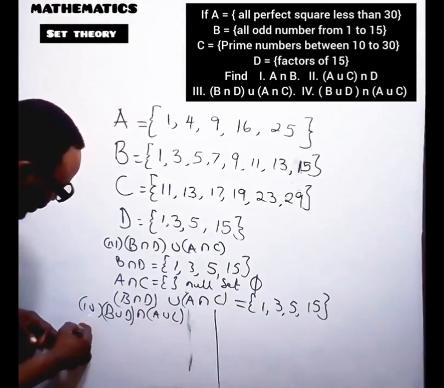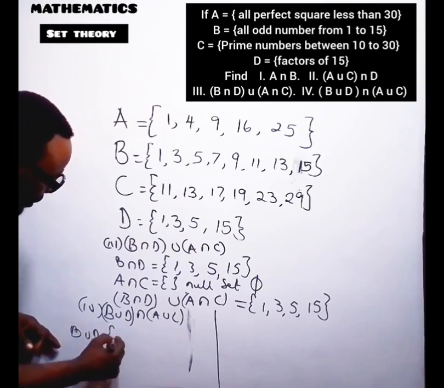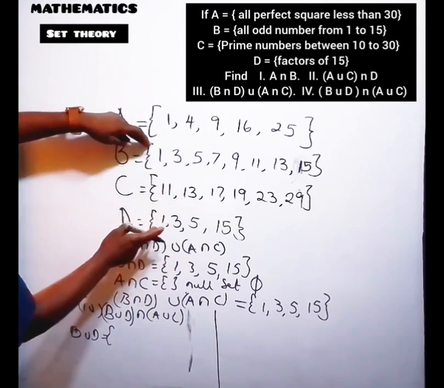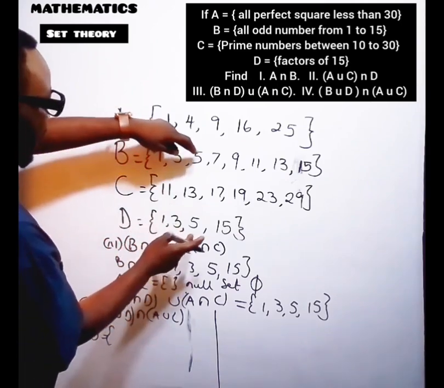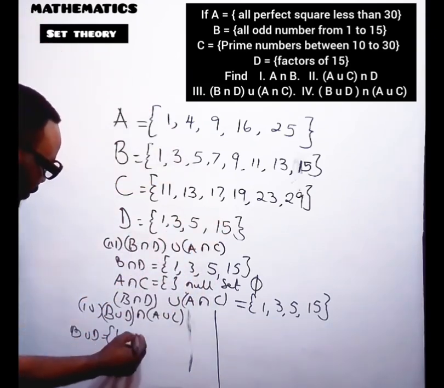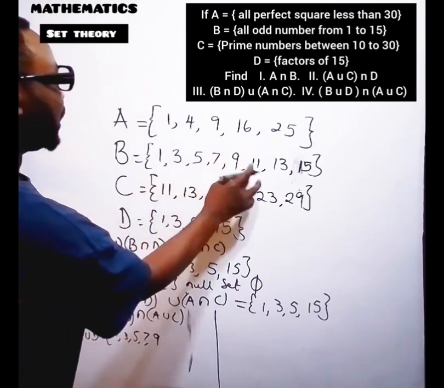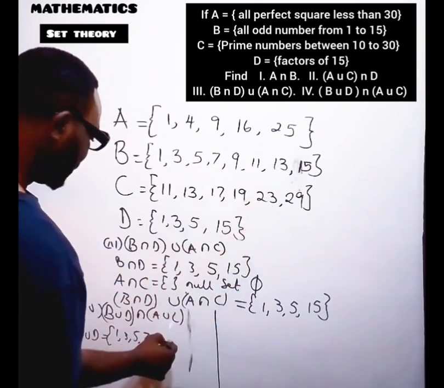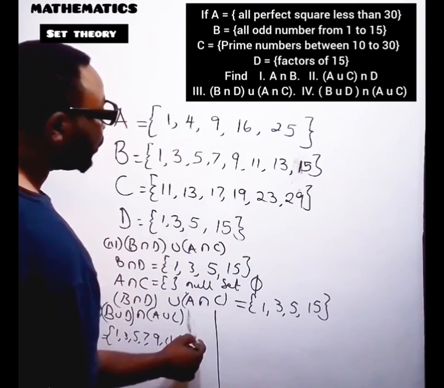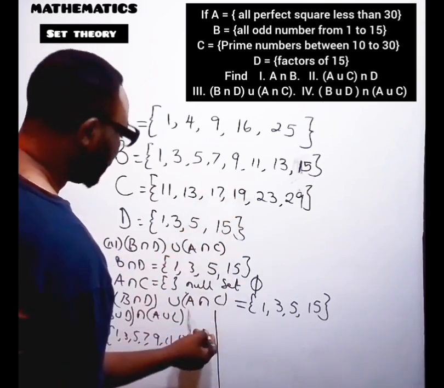Now I'm going to bring out my B union D first. B union D will be 1, 3, 5, 7, 9, 11, no 12, 13, no 14, 15 is here as well.